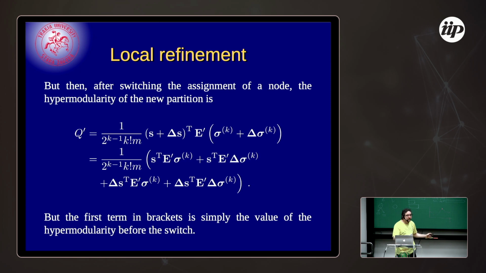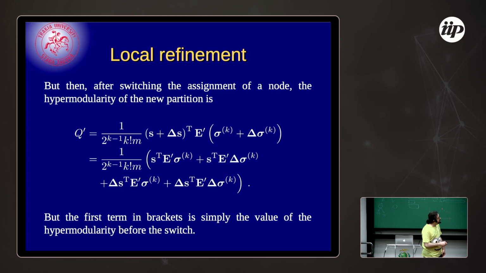So, after moving a node from one community to the other, the hypermodularity of the new partition is going to be this. Combinatorial factor in the beginning, the new vector S which is S plus delta S, times the flattening of the modified community subtensor, times the new vector sigma, which is sigma plus delta sigma.